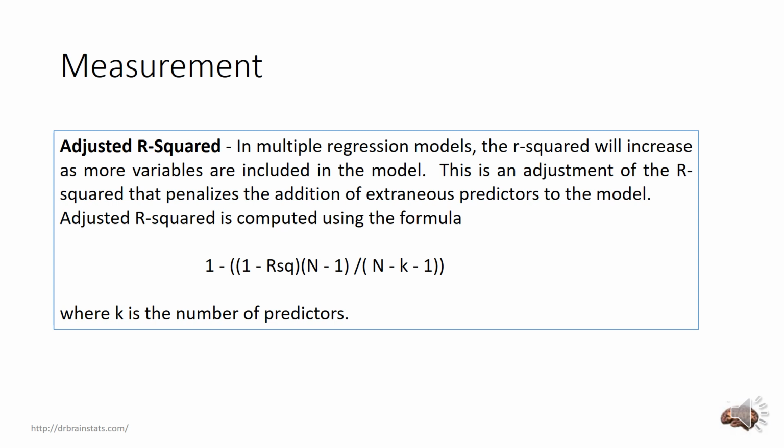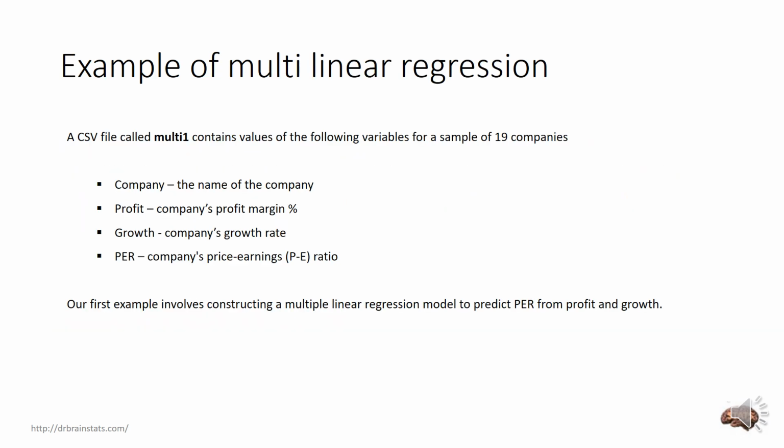Before we start our next example, we need to consider the measurement. In multiple regression models, the R-squared will increase as more variables are included in the model. Therefore, we will need to use the adjusted R-square. So, an example of a multilinear regression. A CSV file called multi1 contains values of the following variables for a sample of 19 companies.